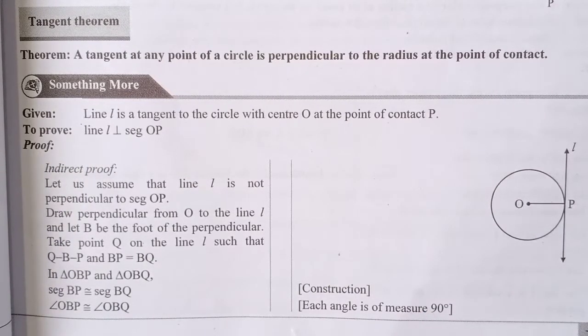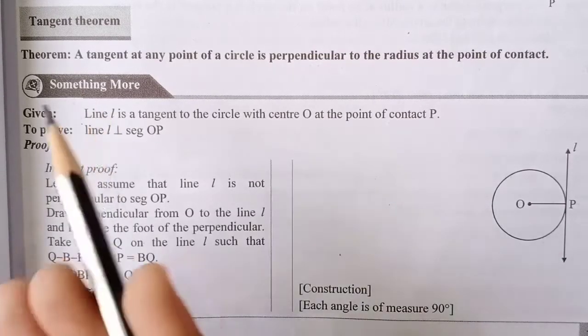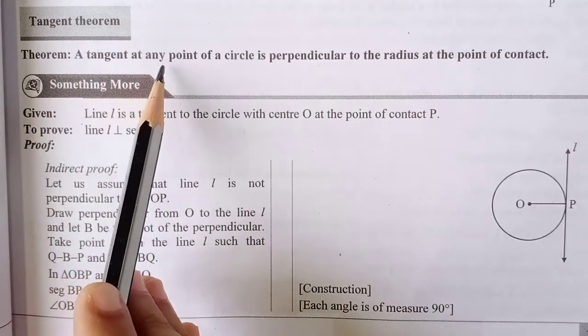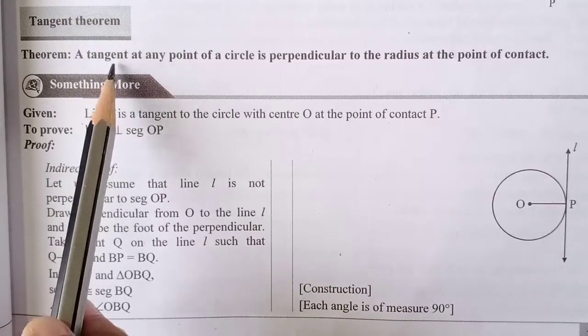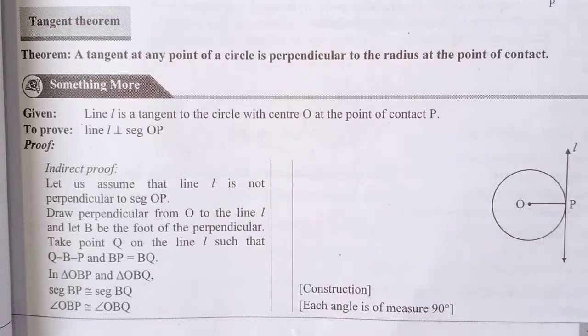So instead of writing, I will just explain the proof. You have to write the proof in your notebook, and you have to learn the statement by heart: a tangent at any point of a circle is perpendicular to the radius at the point of contact.